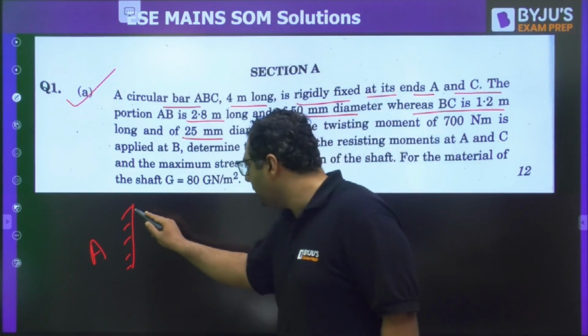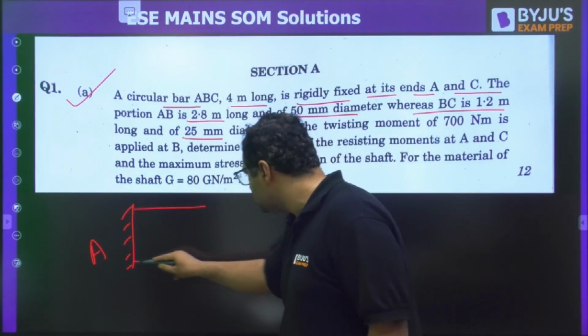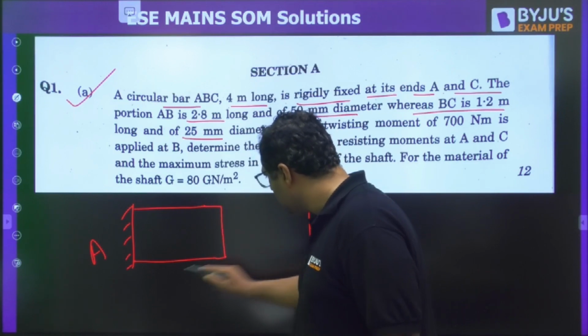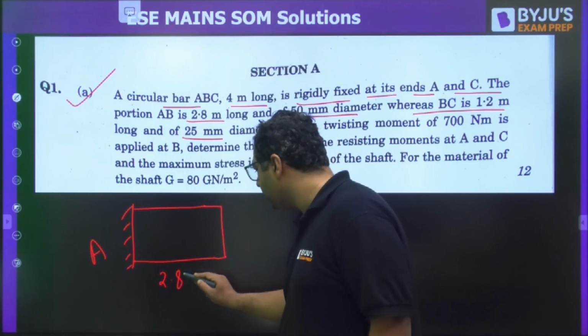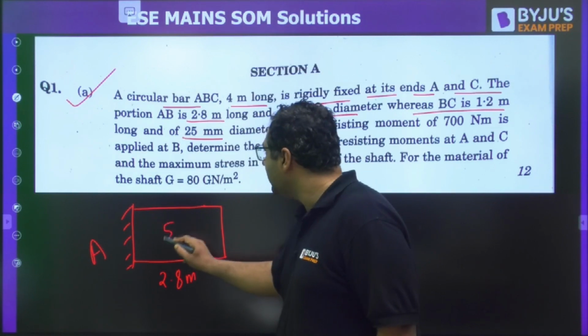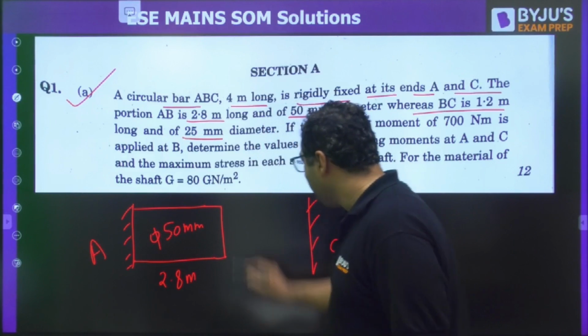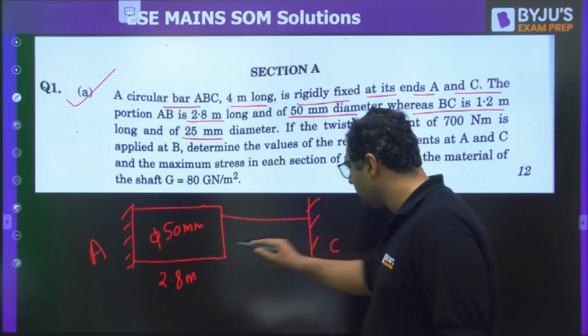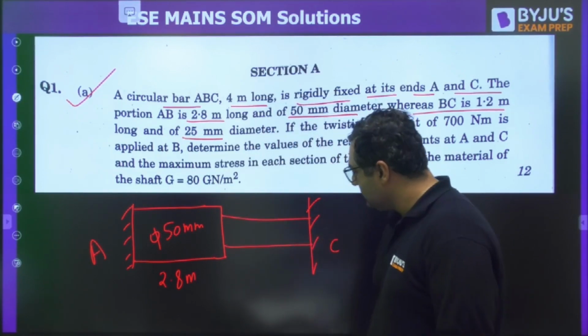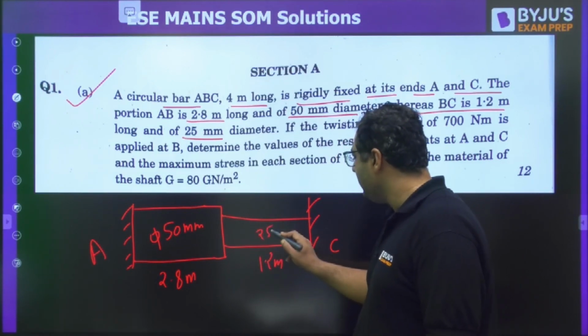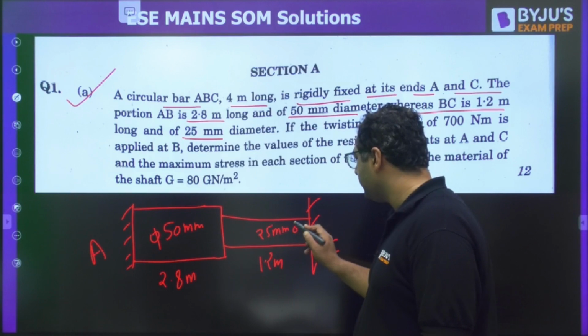It means we will be having here, this is going to be like this. This is 2.8 meter, and diameter is 50 mm. And the second part is this. This is 1.2 meter and 25 mm diameter.